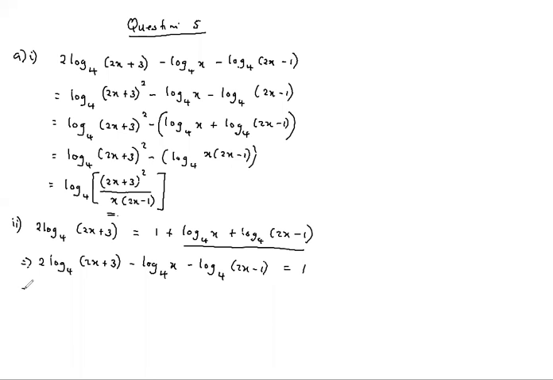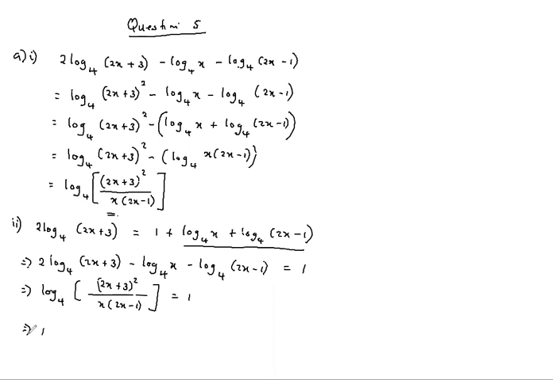But you've seen that this, from the equation above, gave us (2x plus 3) squared over x(2x minus 1). Now we're saying this is equal to 1. What does it imply?